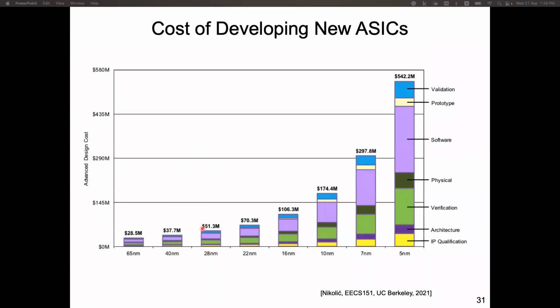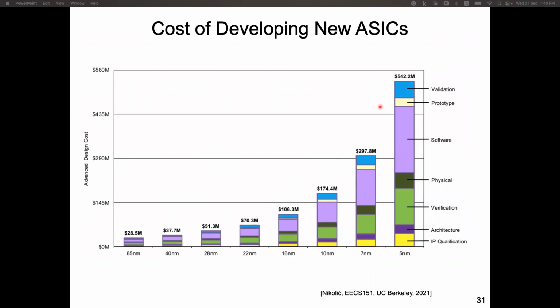Typically in 28 nanometer, 50 million. It increases significantly. And in the most advanced technology, the design cost can be, say, more than 500 million US dollars. This design time, design effort, design cost is huge. So only fewer companies can afford this.